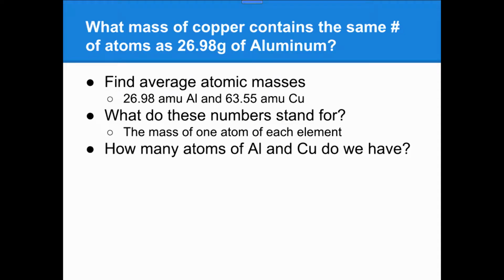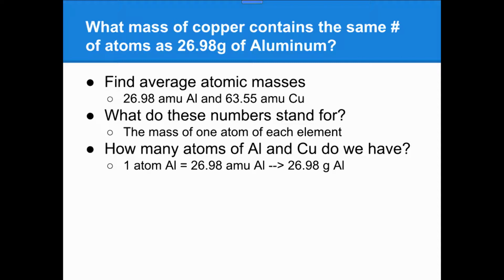So the question of how many atoms of aluminum and copper do we have? Well, one atom of aluminum is equal to 26.98 AMU of aluminum, which we can then say, we can make the assumption, and there's this big long mathematical proof that shows this, but you guys don't need to know that, just take my word for it.